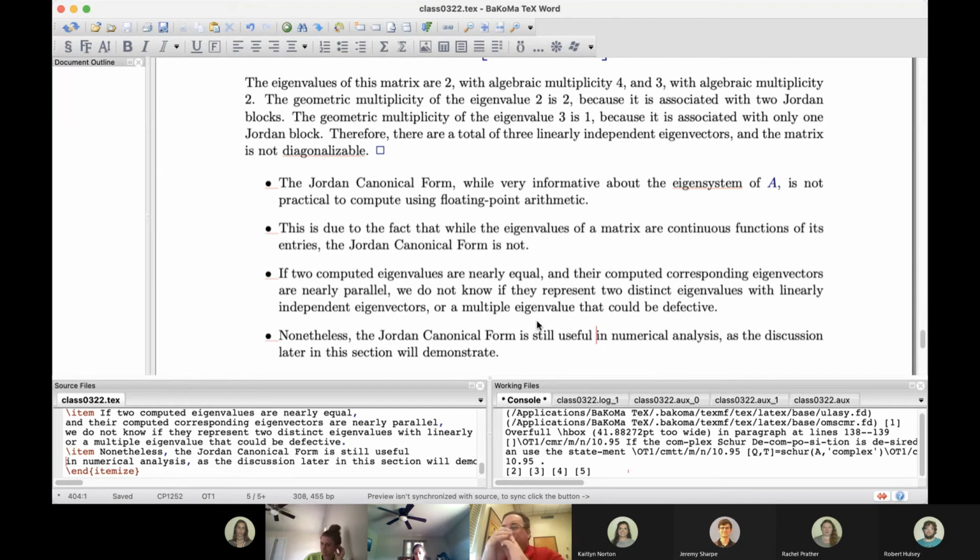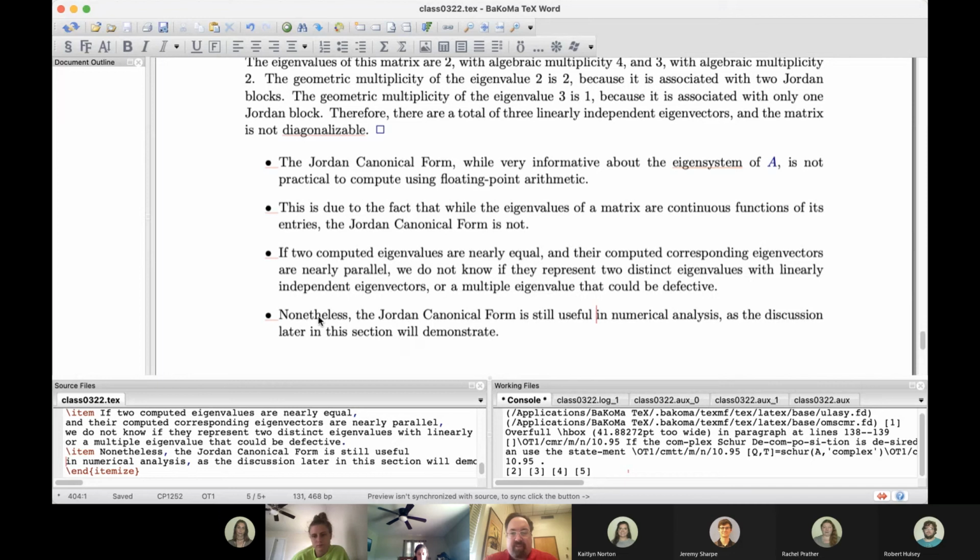When you have eigenvalues that are clustered or repeated, and you're trying to compute the Schur decomposition, having an understanding of the Jordan form of a matrix can help with analysis of the sensitivity of the problem of computing eigenvalues and eigenvectors, especially of defective matrices. So it still has a purpose from a theoretical standpoint.